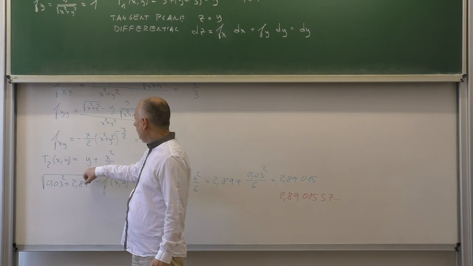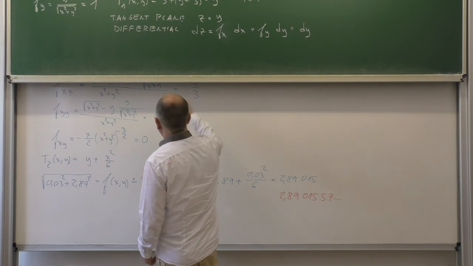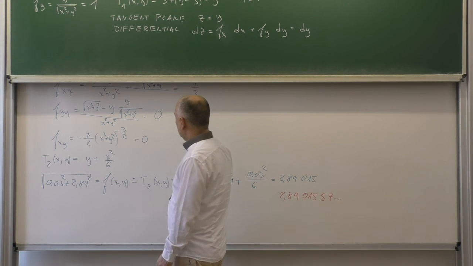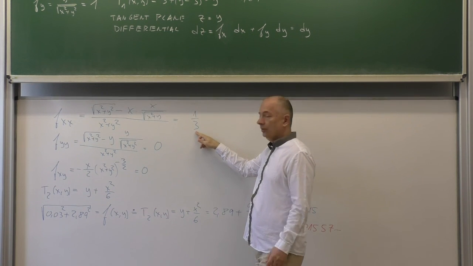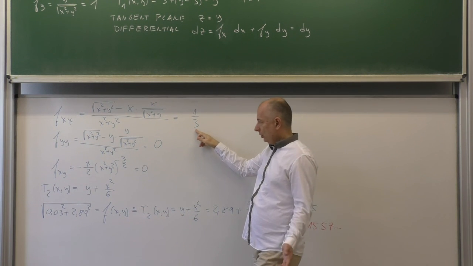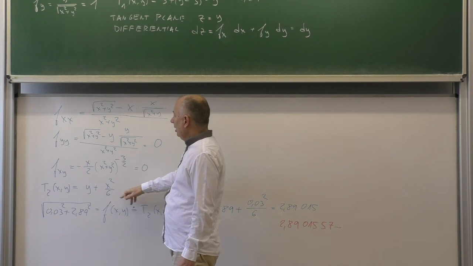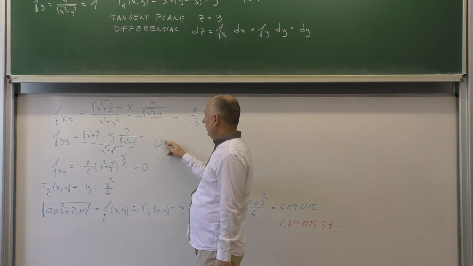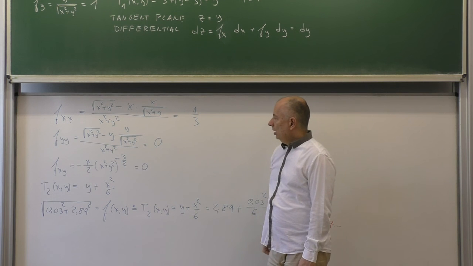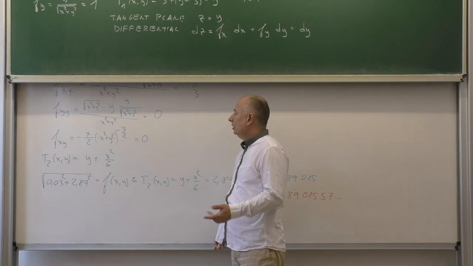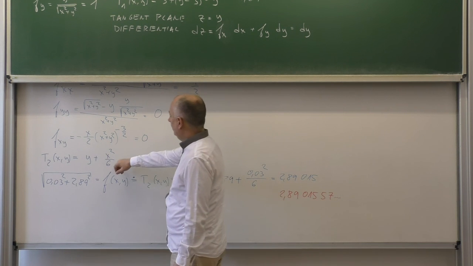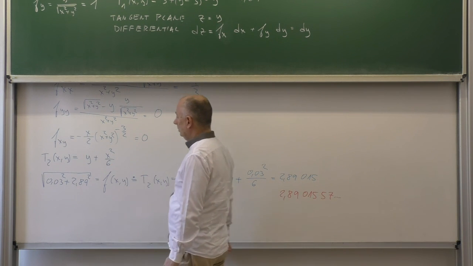It starts as T1, which was y, plus 1/2 of this derivative times (x minus x0) squared, plus this times y squared, plus this times xy, and if it is 0, no terms are here anymore. So this is T2.